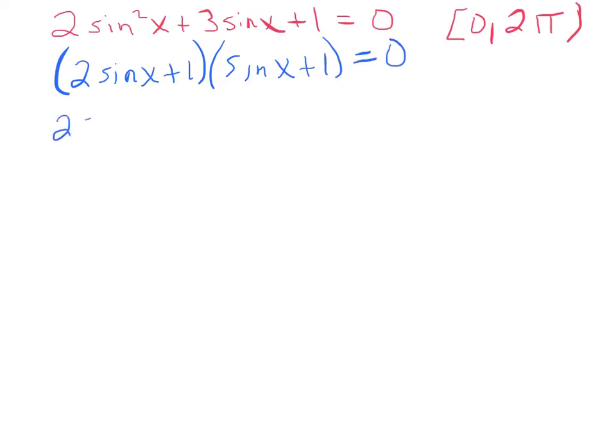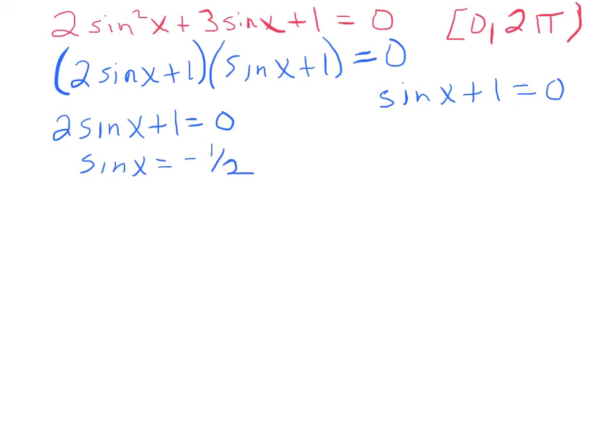Again, we want to set each factor equal to 0 and solve them individually. So sine of x is negative 1/2. Sine of x is negative 1.